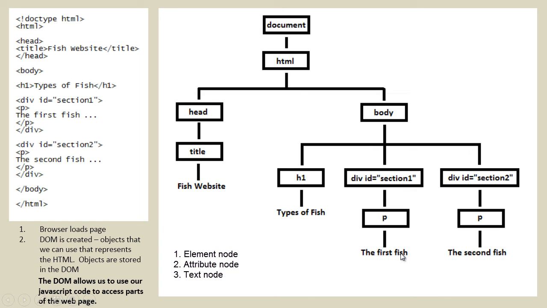And within that, this first fish text is the text node. So those are the 3 main types of nodes. As you can see, we can have different types of nodes within the div node. The paragraph is an element node. The div is an element node. The ID selector is an attribute node. And the text has its own node, which is called the text node. We will talk a lot more about nodes in future videos.